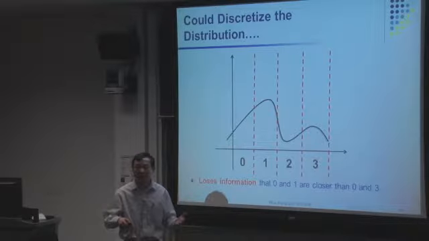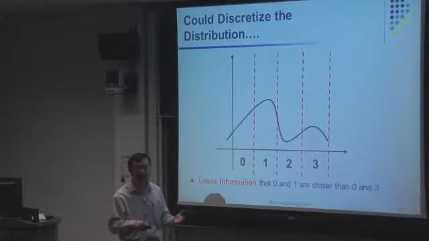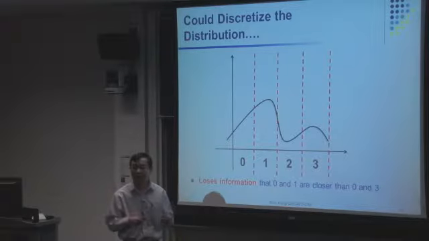Because it's never been made available, so people didn't even think about how to make use of that information yet. But now I tell you that you have a point which was originally 1, and now you have a second point which is 2, and a third point which is 3. And knowing that you have this kind of property, your inference procedure might be different than just looking into a histogram.